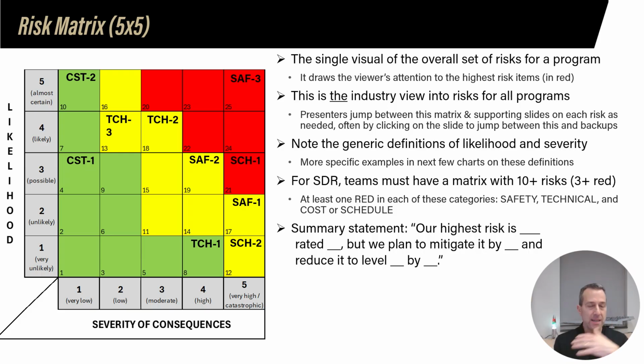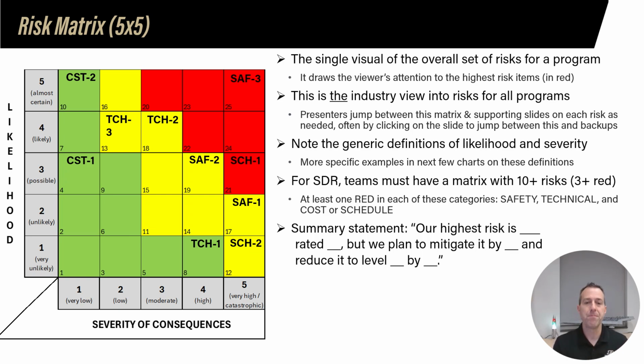And then they'll explain it and describe the risk burn down plan, which I'll get to in a second. And then there'll be a place to click on that chart that will take them right back to this exact screen. And they'll go back and forth until everybody's happy and they're ready to move on with the presentation to whatever's next. So that's a strategy you could use as well if you wish.